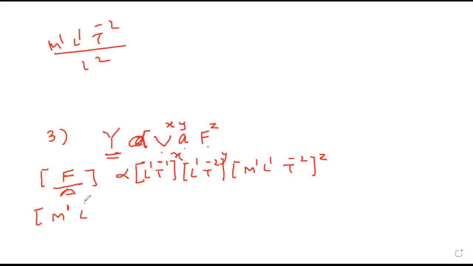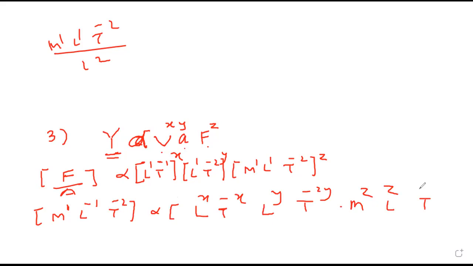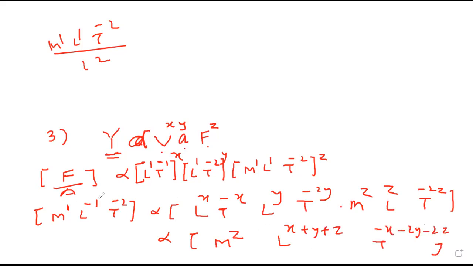So it is M1 L minus 1 T minus 2, depending upon L raised to x, T raised to minus x, L raised to y, T raised to minus 2y, M raised to z, L raised to z, T raised to minus 2z. So this will become M power z, L power x plus y plus z, and T power minus x minus 2y minus 2z. Okay. Yes, sir.